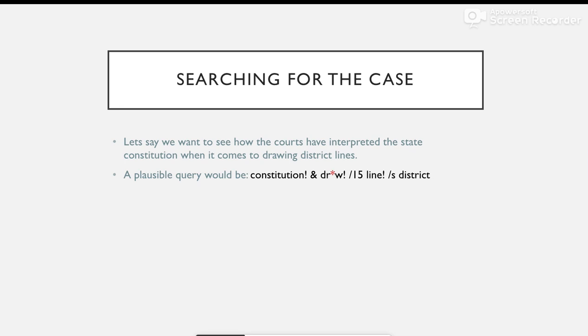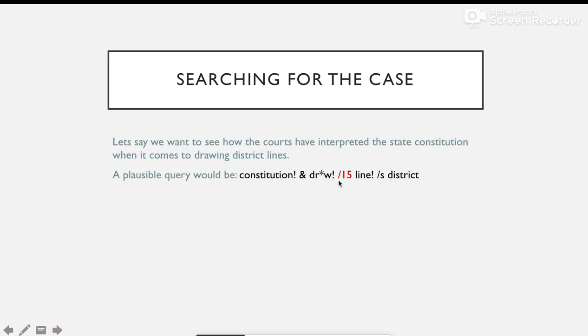So that's what allows us to have that sort of elasticity to say that it could be either drew or draw, and paired with this, it could be drawing or drawn, anything like that.